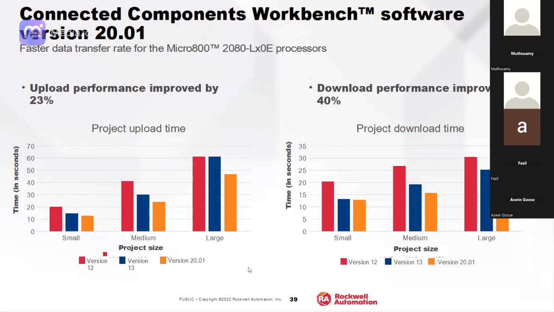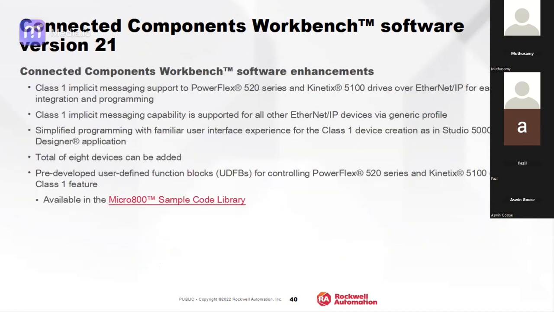Compared to CCW versions 12 and 13, version 20 is improved for upload and download timings. Version 21 is introduced for enhanced controllers, with class 1 implicit messaging supported for 520, Kinetix 5100, and Point IO also.